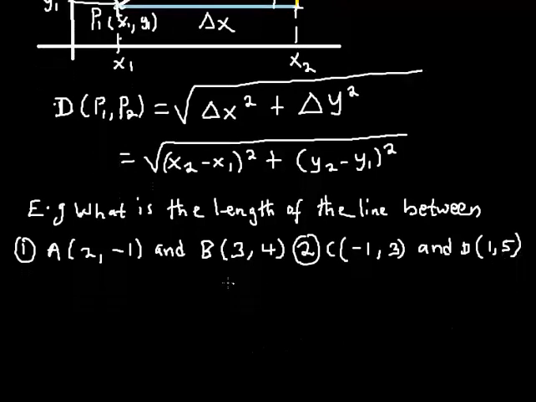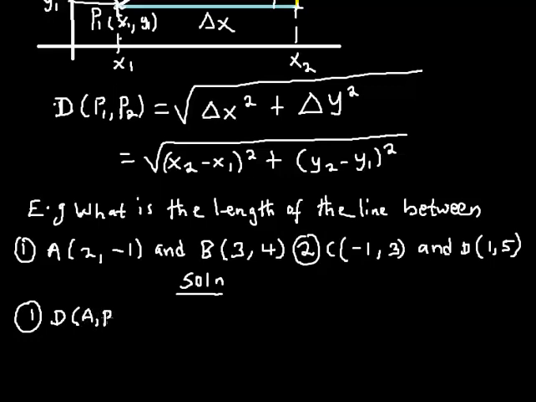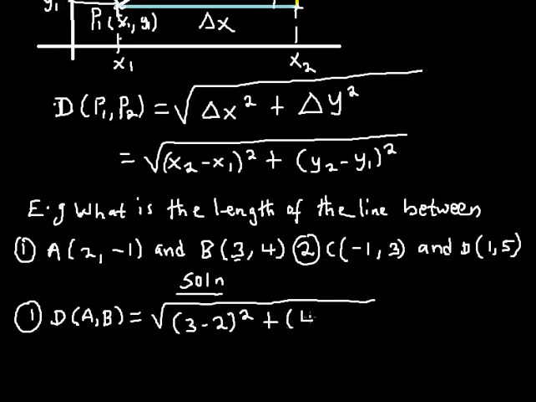All right, so it's easy with my formula, right? So number one question, the length of that line joining A and B, of course, using my formula of x2 minus x1. x2 here is 3, x1 is 2, I square it, plus y2 is 4, y1 is minus 1, so 4 minus minus 1.